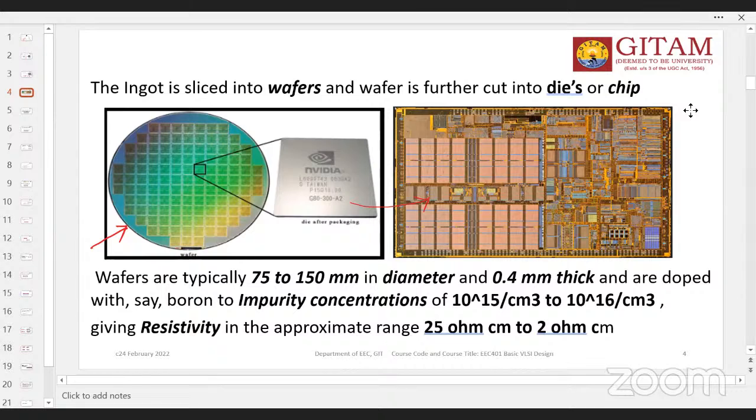For example, if you want to make a 10 kilo ohm resistor, that means we have to take a P-type material, and depending upon the doping concentration, the resistivity value will be defined. That is one way, or by using the transistor we can also do it.